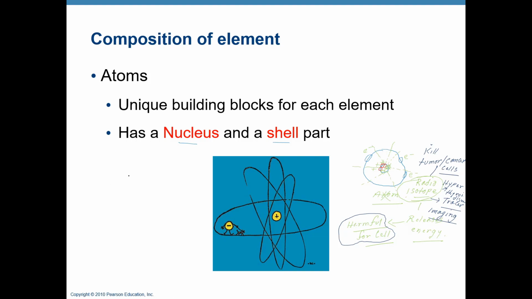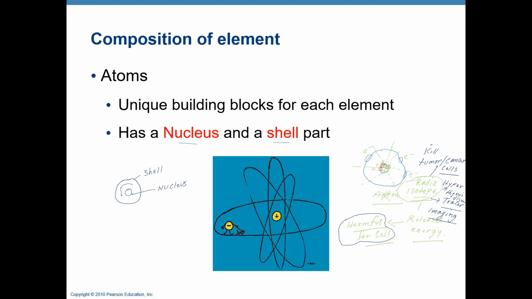Now let's draw another atom here and the nucleus. So this is the nucleus and this is the shell. Now in most of the atoms the number of shells is more than one.